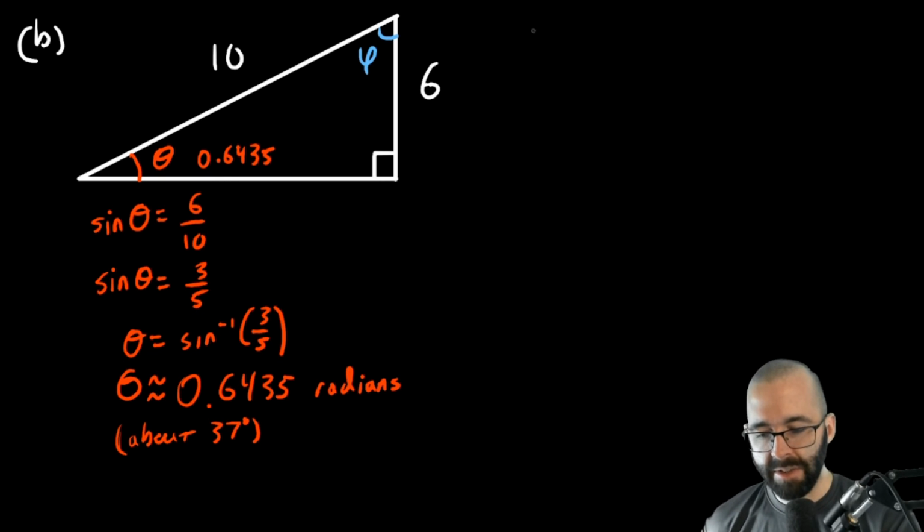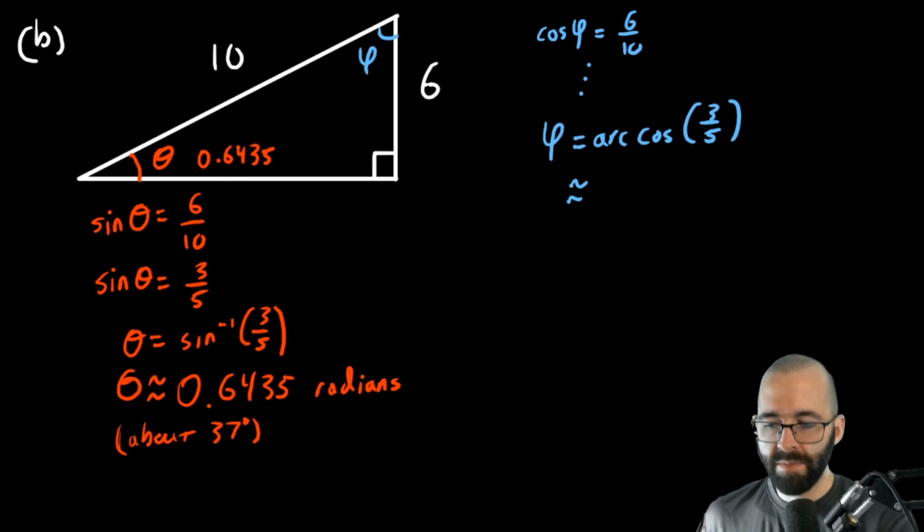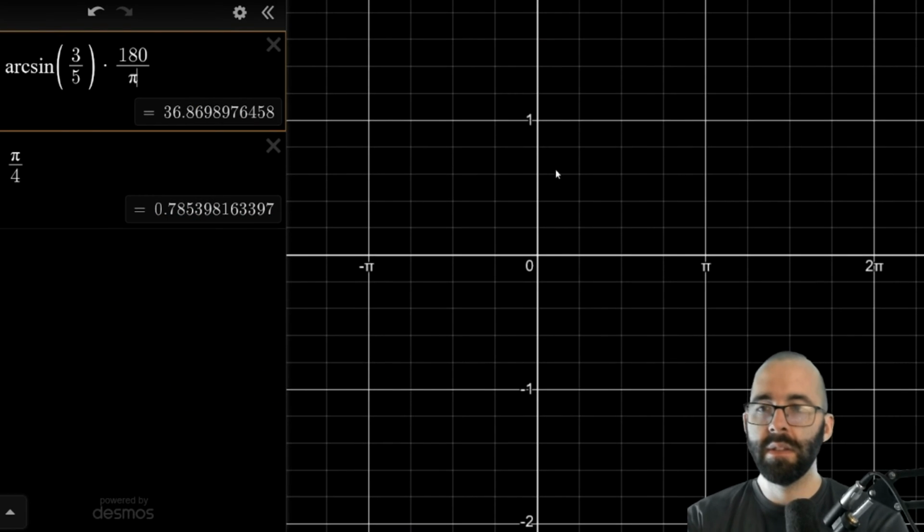And do the same thing for phi. So the cosine of phi is equal to 6/10. Do the same exact logic. You're going to get that phi is arc cosine or inverse cosine, same thing, of 3/5. We can approximate that.